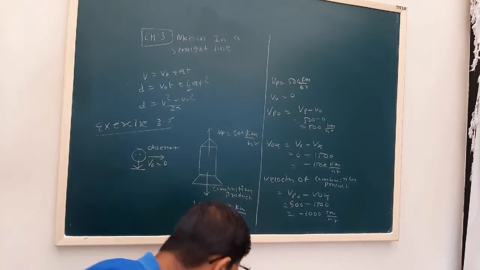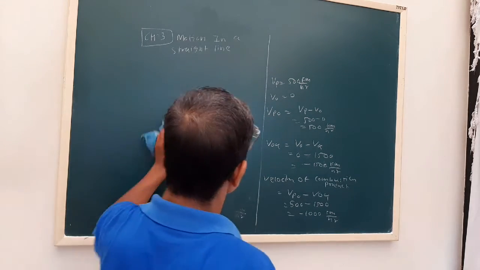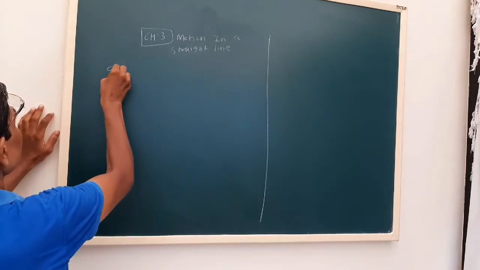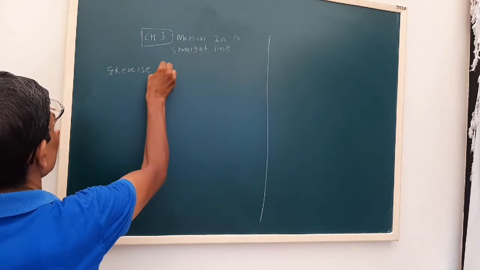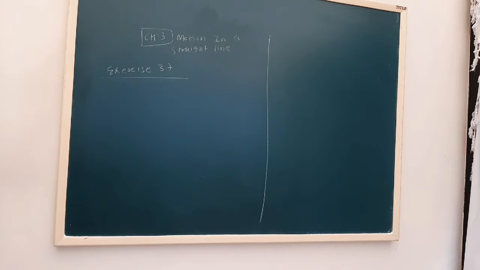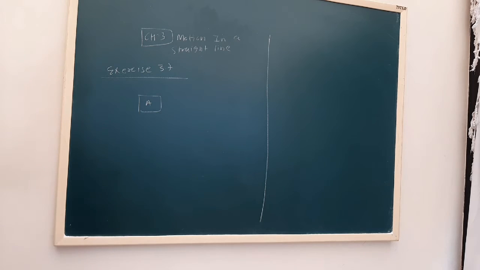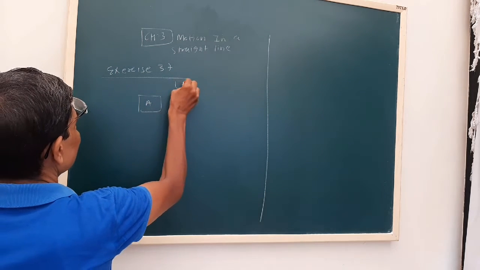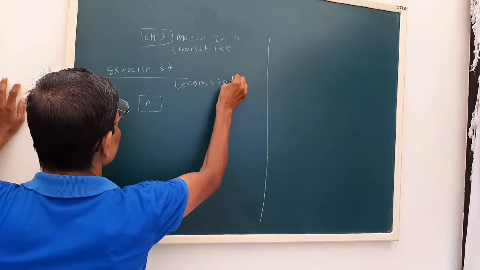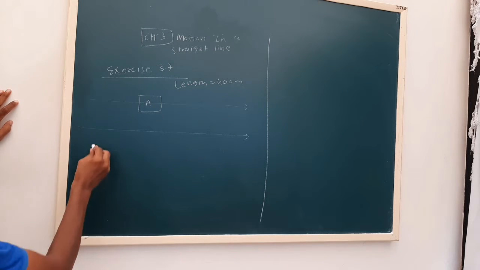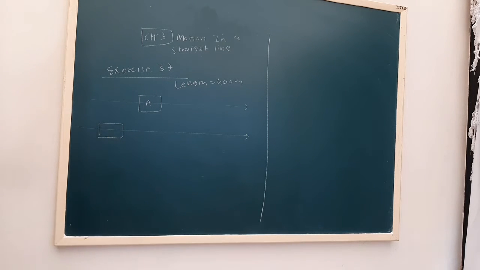Next we have to take the example, exercise sum number 3.7. Now see, the question says, two trains A and B, train A and train B, length is 400 meter each, moving on parallel tracks with a speed of 72 kilometer per hour.